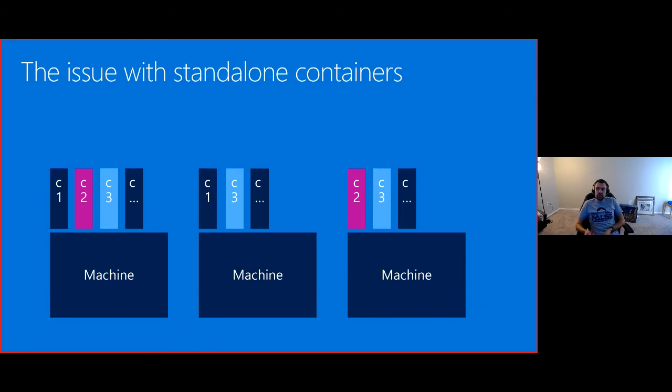And a couple of things can go wrong. First thing that could go wrong is we could have a machine crash. And once the machine crashes, we will need some way to have container 1 and container 3 restart on either the same machine or on a different machine.